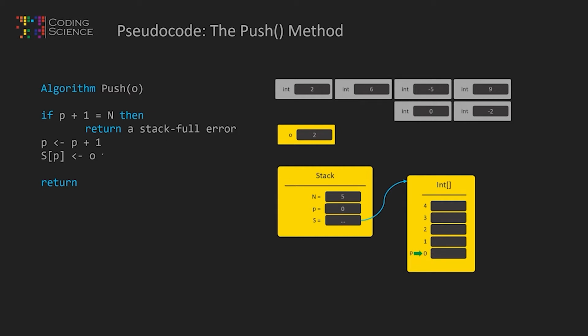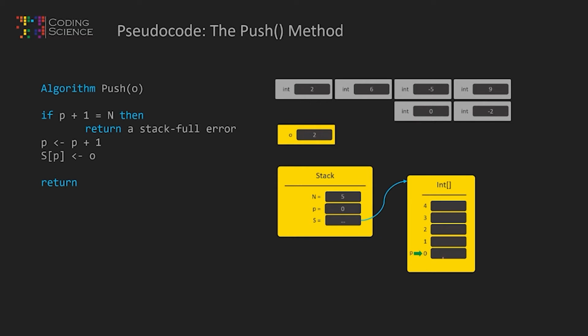This is important. The O object, which is this one, with the value 2, there is the arrow again. So we'll put the value in O into the array S at the position p. The position p here is 0. That is the array.